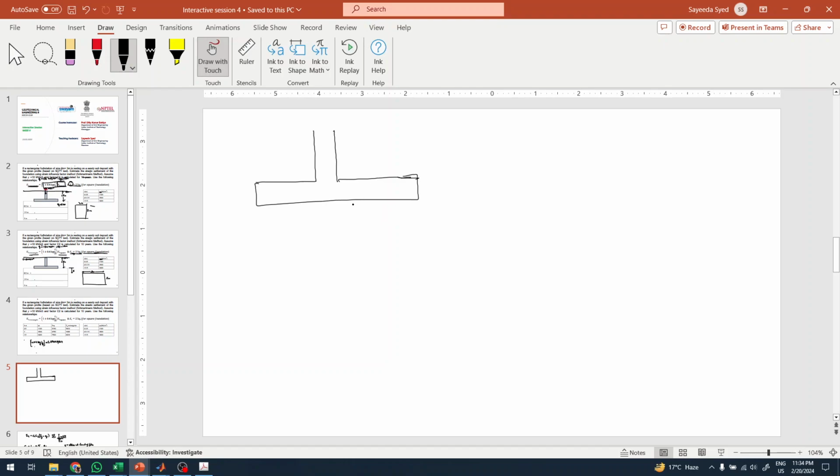So in the Schmertmann method, we take a strain influencing factor.